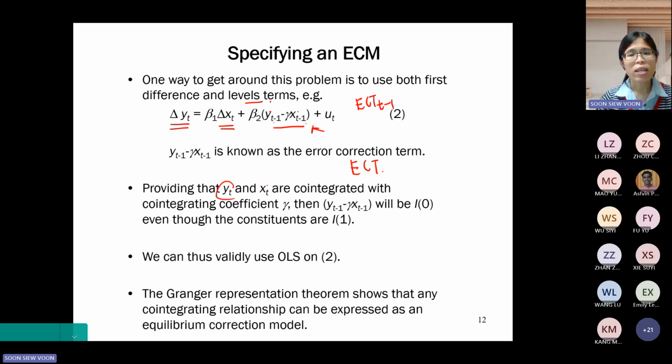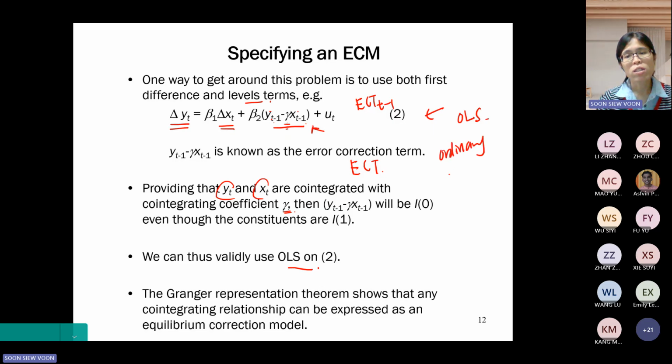So y and x are conjugated with this coefficient, and the difference here, the ECT, this error correction term, will be I(0). Even though y and x are I(1), the ECT term will be I(0). So you can use OLS on this second equation. For the error correction model, we can use the ordinary least squares approach.